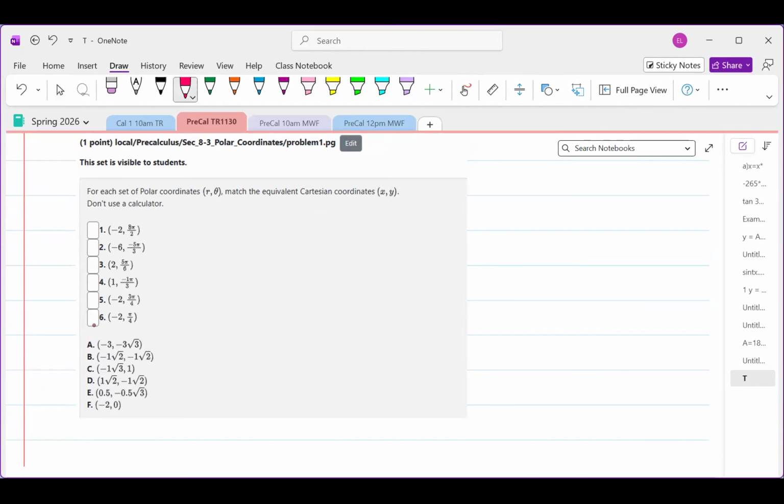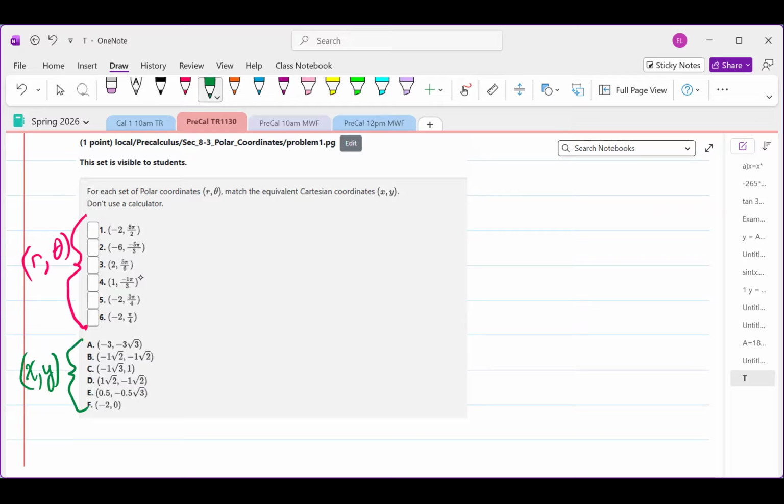So our 1 through 6 are polar points, and our A, B, C, D, E, and F are XY points. So let's just label those. These are our r, theta, and these are XY.